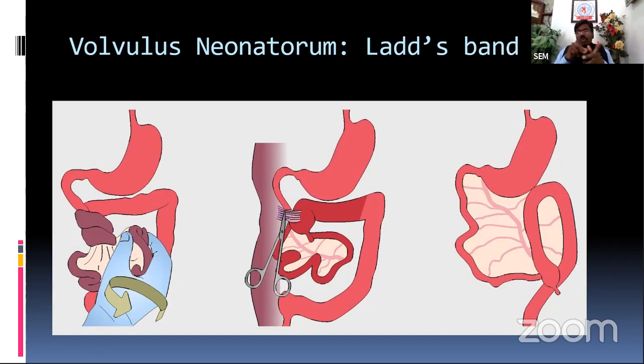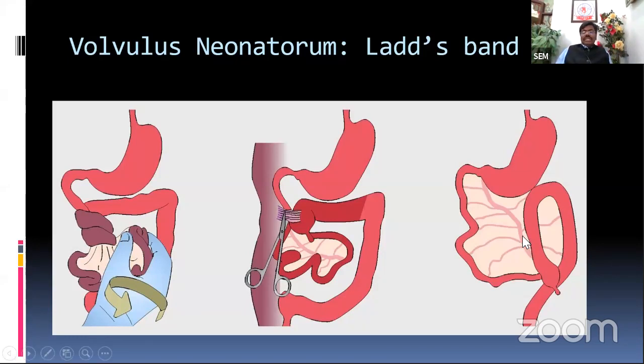Okay. There is a small band you invariably see as a culprit for developing this entity, that is called Ladd's band, which stretches from the cecum across the second part of the duodenum onto the lateral abdominal wall. That has to be divided, which will help you to unravel and make all the small bowel come to the right half of the abdomen, and all the large bowel the left half of the abdomen.